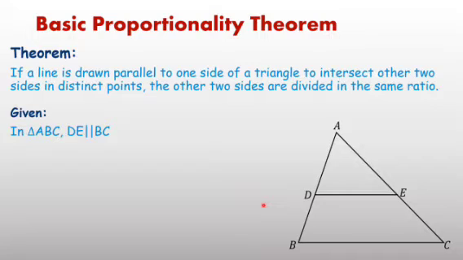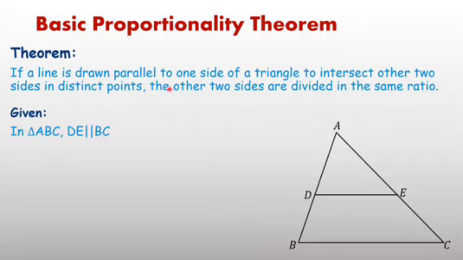Again, concentrate on the statement. If a line is drawn parallel to one side of a triangle to intersect the other two sides in distinct points: in triangle ABC, DE is drawn parallel to BC, which intersects the other two sides AB and AC in distinct points D and E. That is the first part of the statement, which we can write as given.